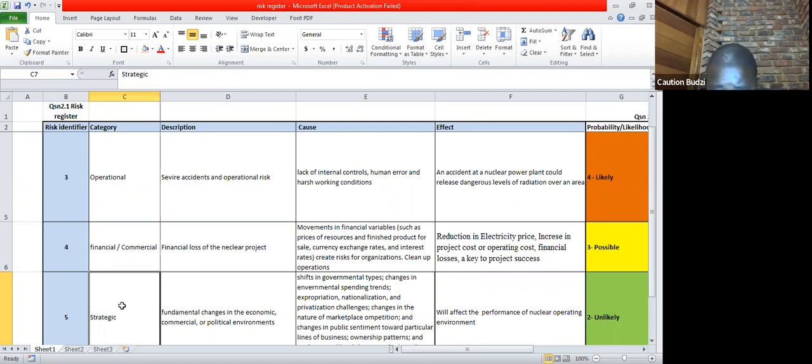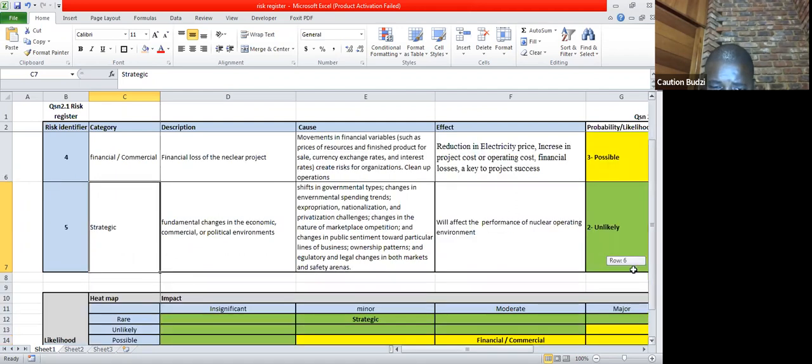Change in environmental spending trends, expropriation, nationalizations of companies, or privatization challenges, changes in the nature of marketplace competition, changes in the public sentiments towards particular lines of business, or even ownership patterns, and regulatory and legal changes in both markets.